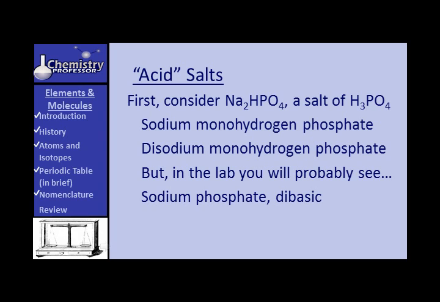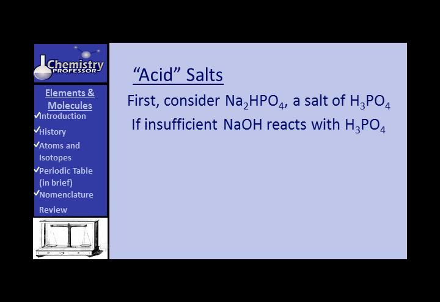Now let's see one way of looking at how that might happen. If there is insufficient sodium hydroxide to react with phosphoric acid, then you could have the reaction like this. 2 sodium hydroxides plus phosphoric acid to give you the Na2HPO4.